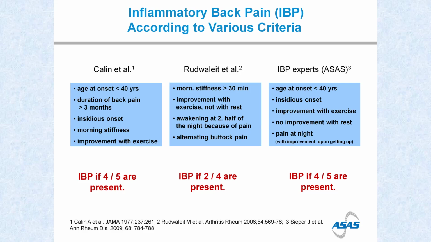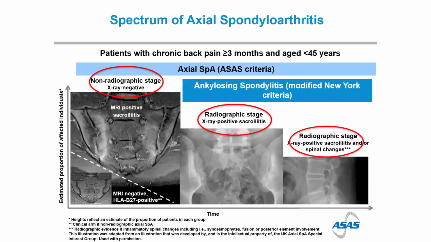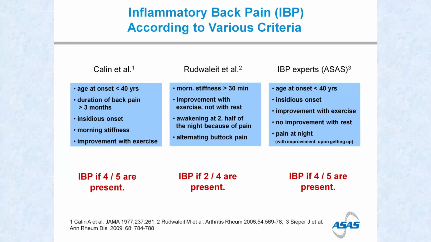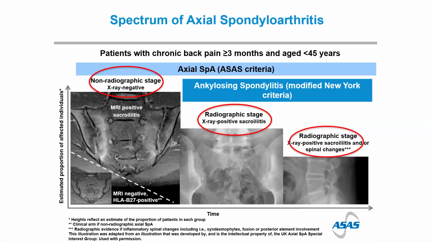So if you have at least 3 of these 5 features, then you fulfill what we call inflammatory back pain criteria. I know that said 4 out of 5, but it turns out that 3 out of 5 is also sensitive and specific. So here is a set of images that teach us about this spectrum that we now recognize.